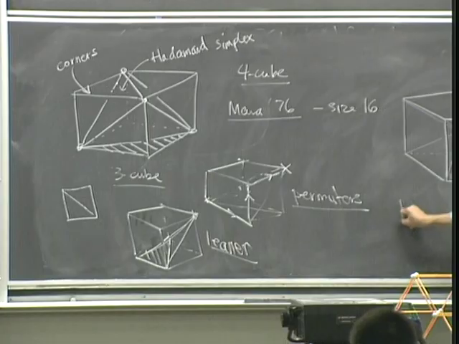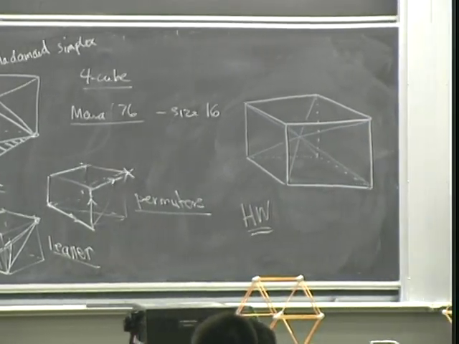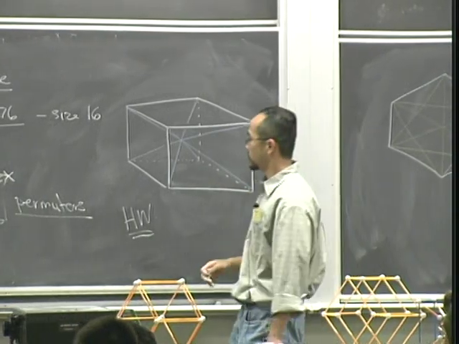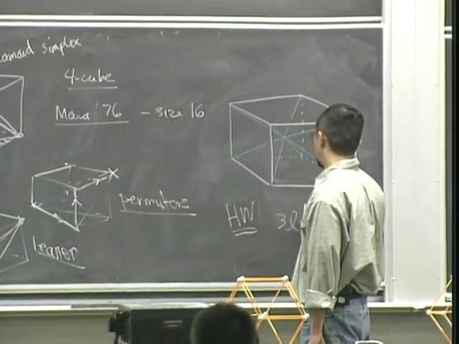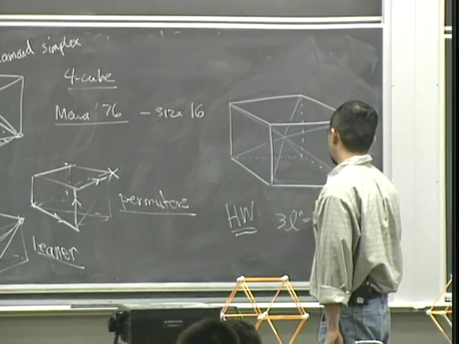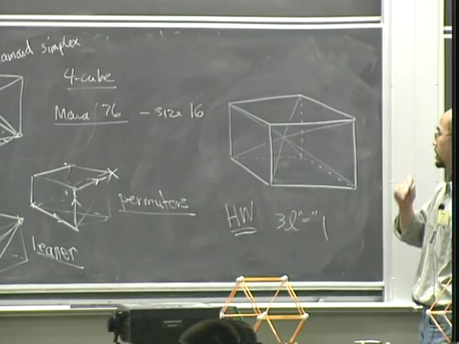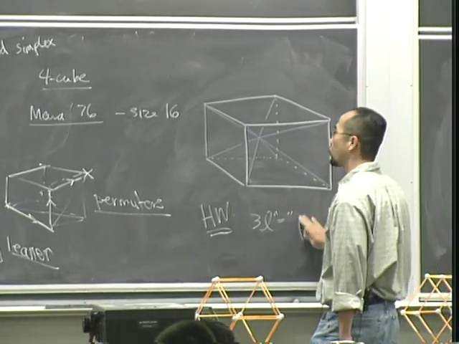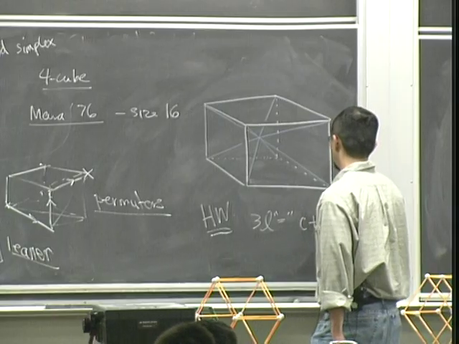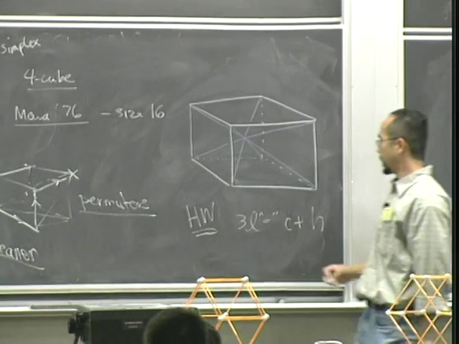And as a little bit of homework, which you can think about, it's fun to think about some of the relations between these. It turns out if you take 3 leaners, you can, see if you think about this. If you take 3, is it 3 leaners? Yeah, if you take 3 leaners, you can get a corner plus a Hadamard. That is by putting them together and cutting them a different way.